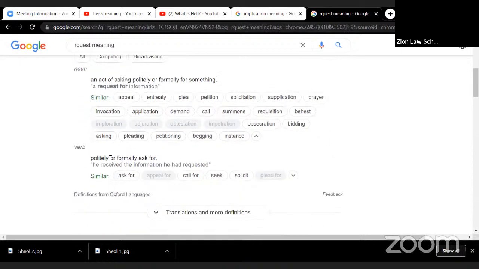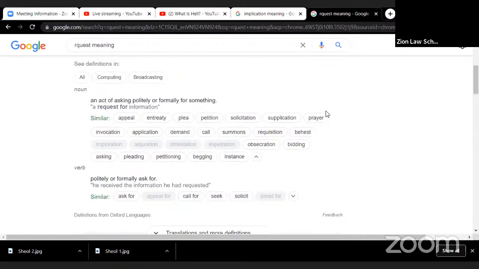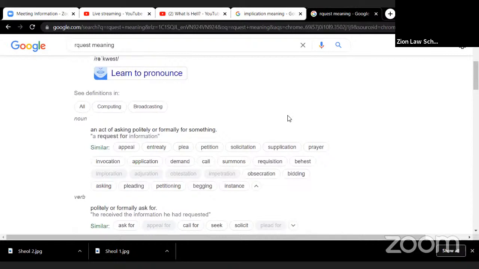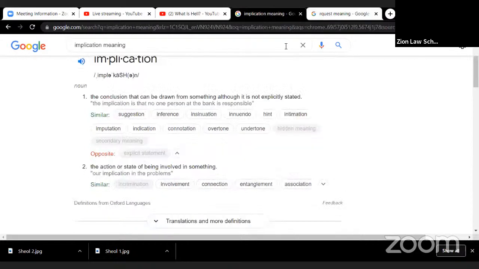And as a verb, call, seek, solicit. All right, so that's the meaning, to request. Now, what's at issue is the next, after the semicolon, it says by implication to request.